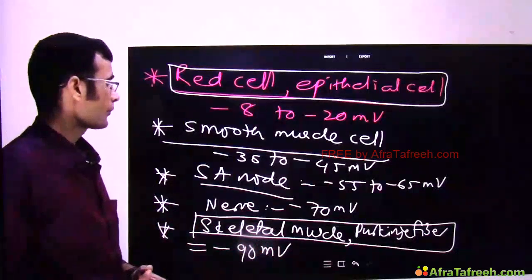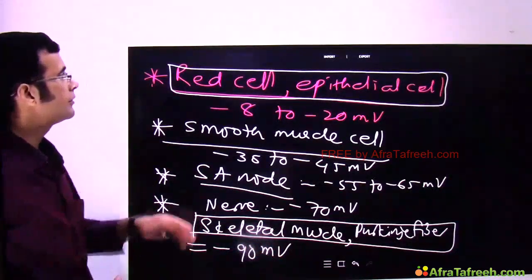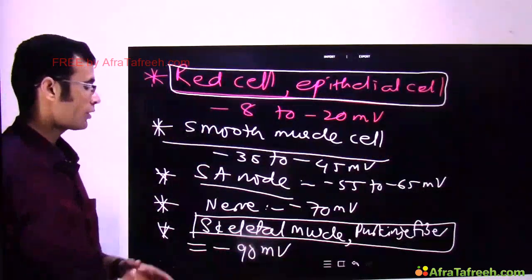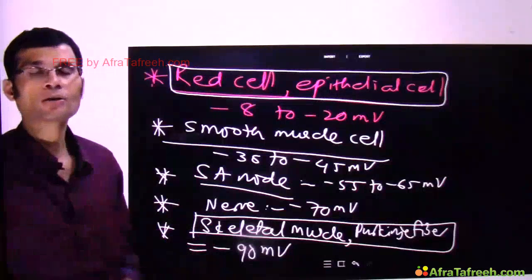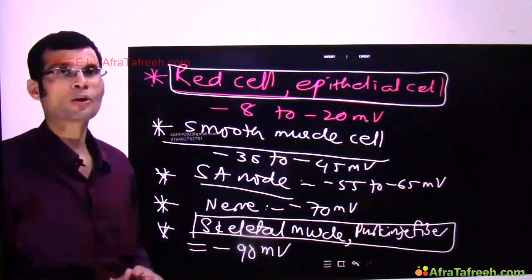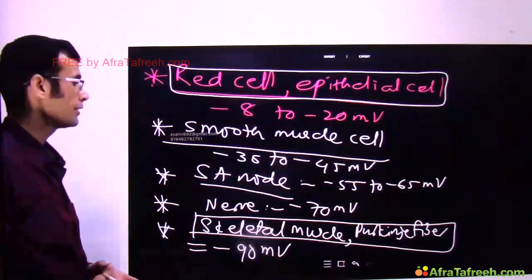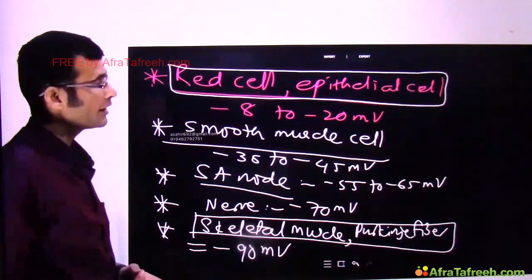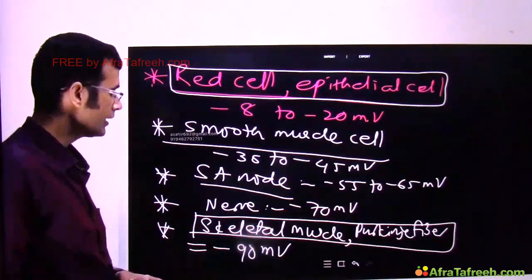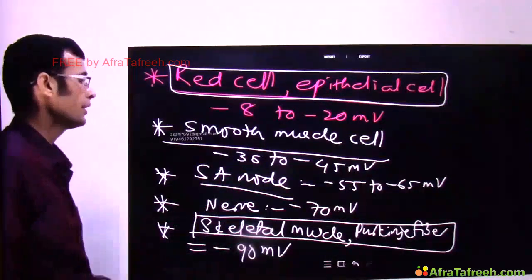The options are the RBC, the skeletal muscle cell, a rod in the retina, or a hair cell in the cochlea. And the answer is the hair cell in the cochlea. Let's try to understand why.